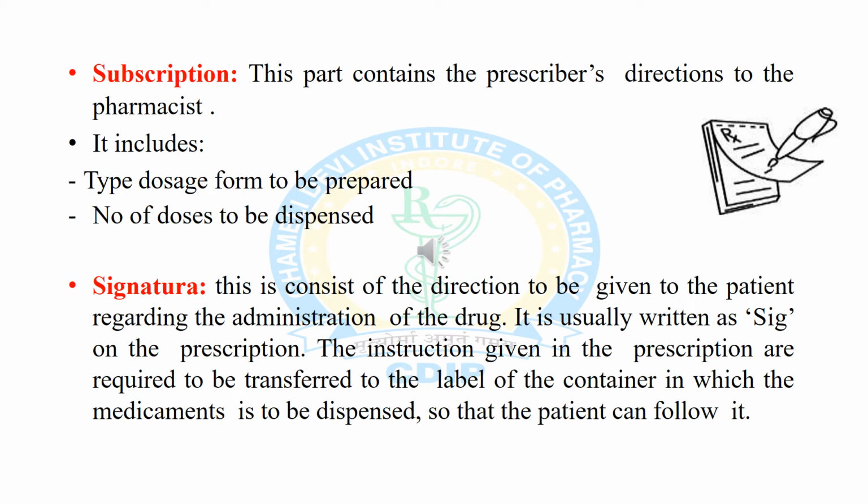So in this part, the doctor or physician directs the pharmacist which type of dosage form to prepare, for example syrup, tablet, capsule, and how many doses are to be prepared or dispensed to the patient.